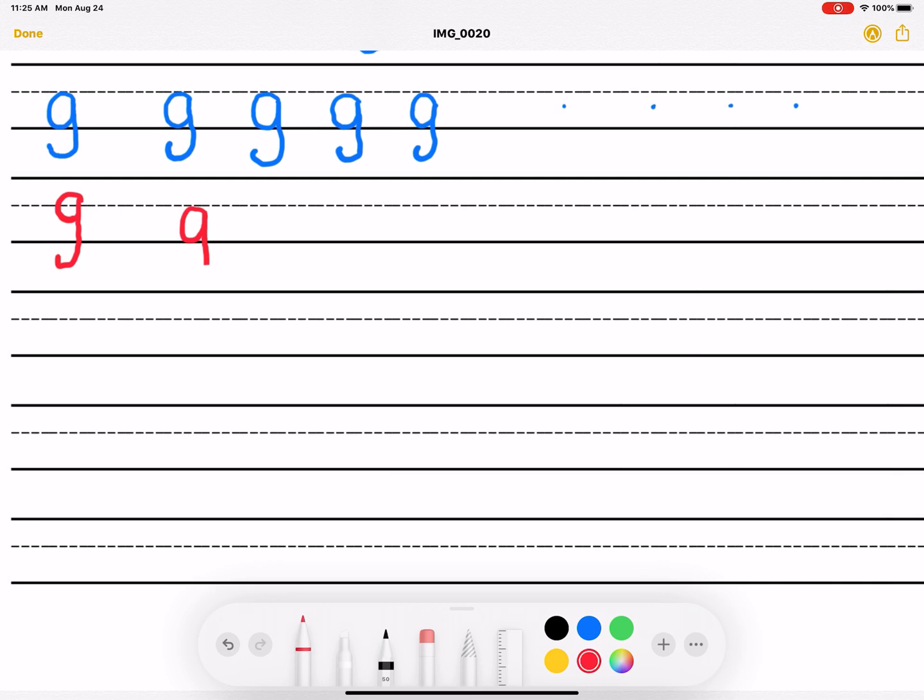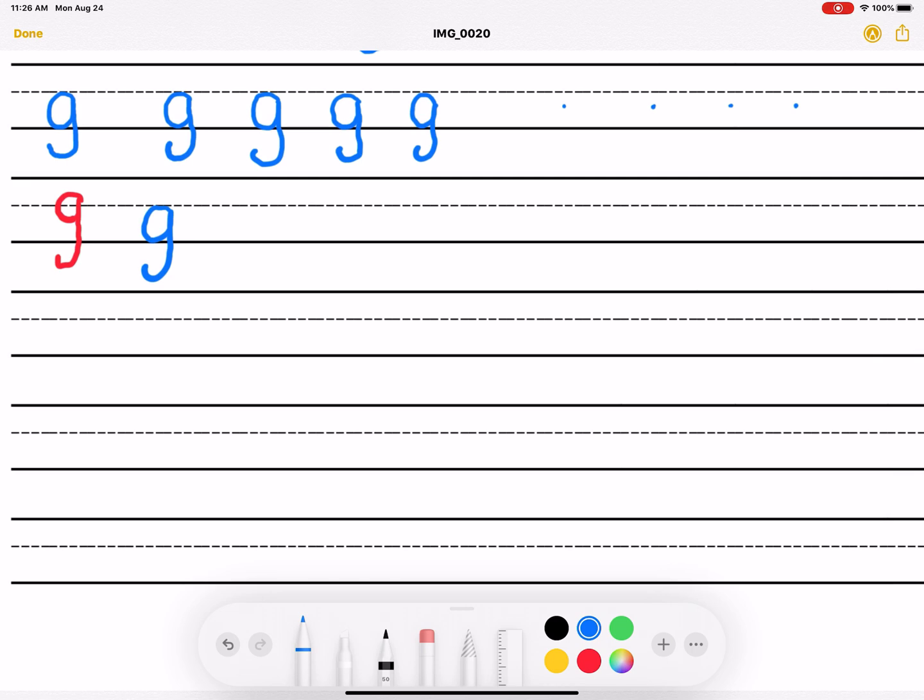So now I can make the hook like that. So the hook has to be right in the middle here, just hanging right in the middle. The hook doesn't go down all the way to the next line, but it does have to stick down. So now it's fixed. I can make it in green since it was fixed. I'm sorry, in blue since it was fixed. Okay, so what are some other problems with the G?